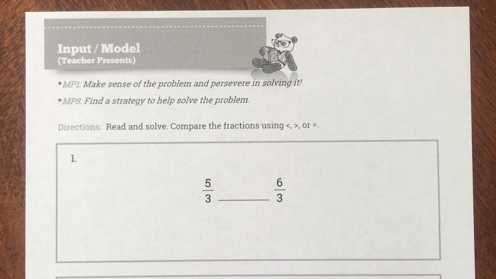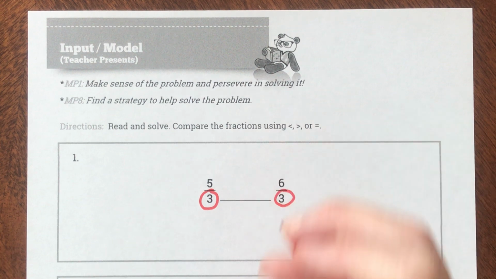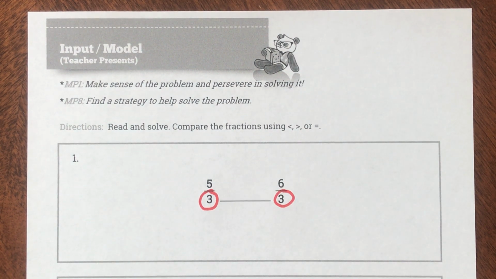Okay, so what do I see? I see 5/3 is to be compared to 6/3. Okay, so in these two fractions, I see that the denominators are the same. Why does that matter if the denominators are the same? So let's think about what the denominator tells me.